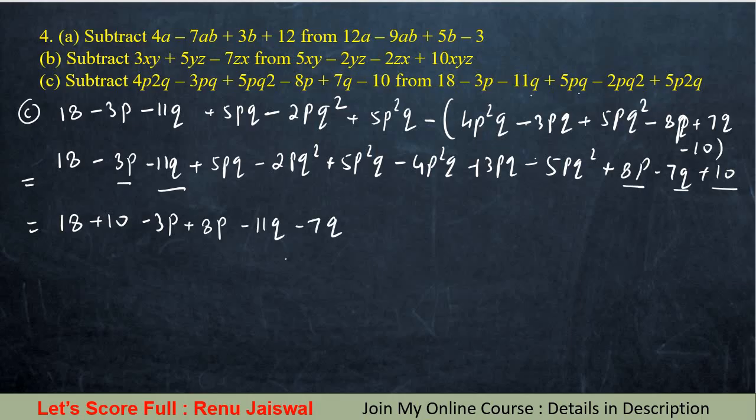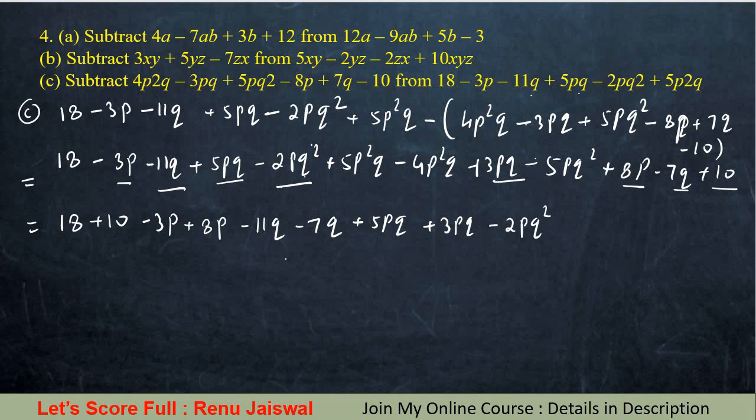What you can do is take a pencil and circle. Start circling. Suppose you took this, circle it, so that you do not copy the same term again and again. Right? Next one is 5pq, and here 3pq. Next is minus 2pq square. Now pay attention. This is p and q square.